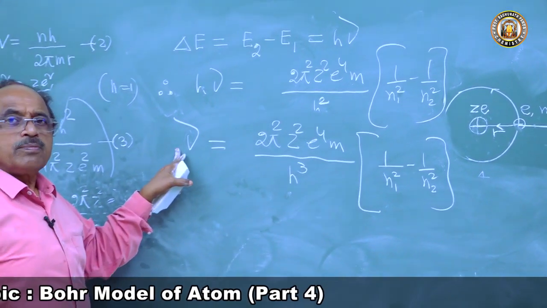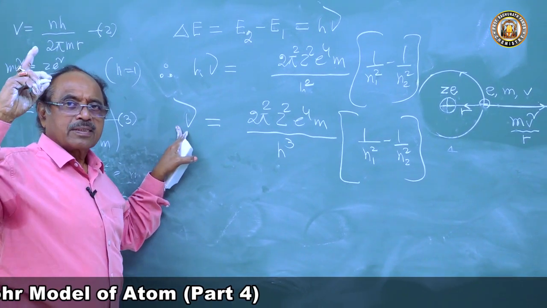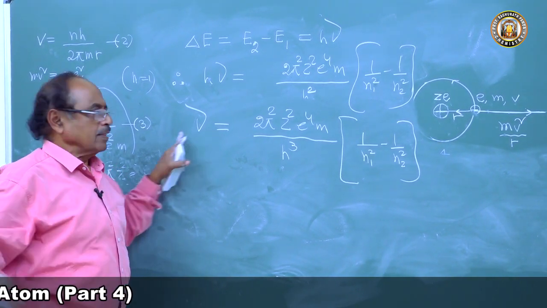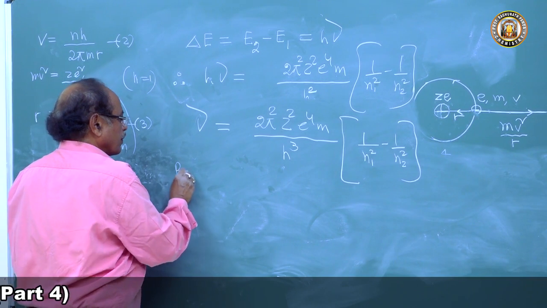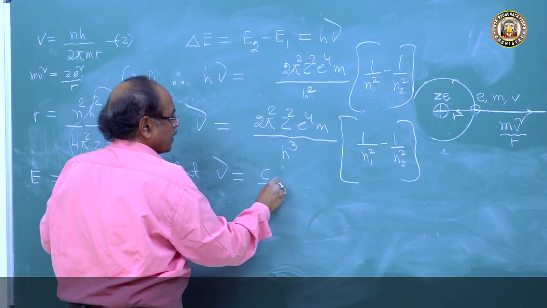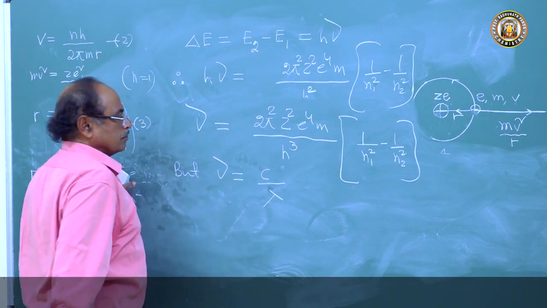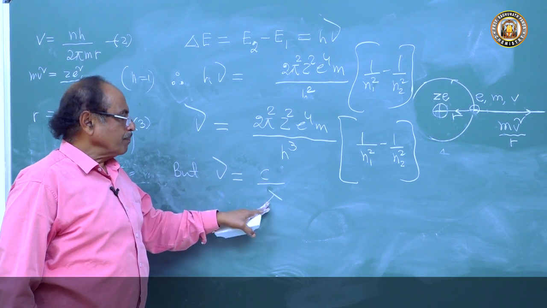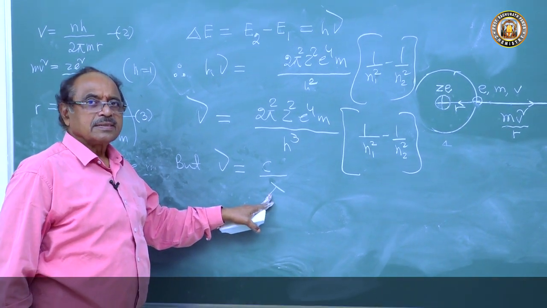What is nu? We know that nu value from Planck's quantum theory and the theory of electromagnetic radiation, which we have read. The frequency nu is equal to c by lambda, where c is the velocity of light and lambda is the wavelength.